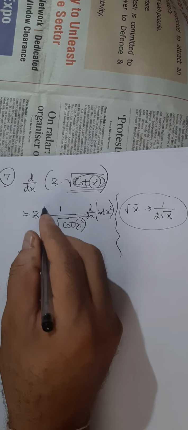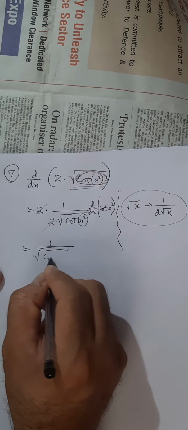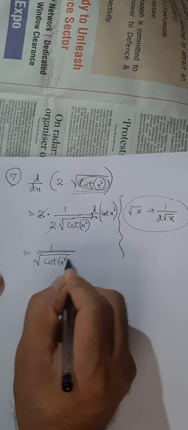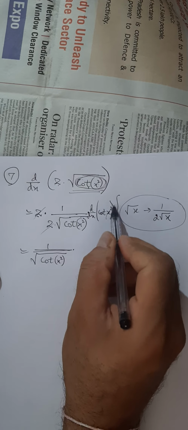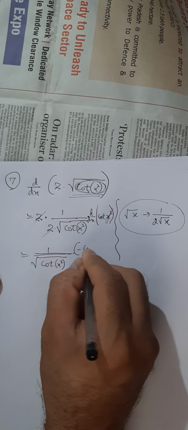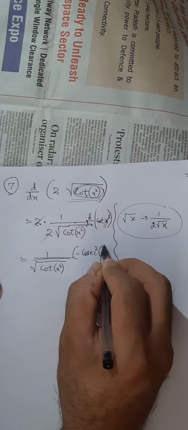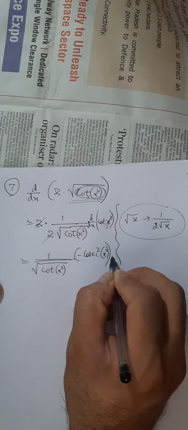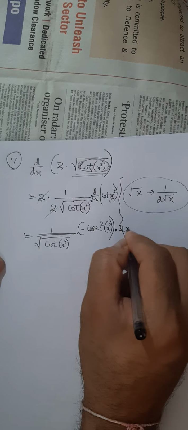Okay, so this 2 will get cancelled. Here we are through, so I'll copy just cot of x square. Now we come to this. Here also you have composition of two functions. We imagine x square as x. What's the derivative of cot? You know, minus cosec square of x square as it is into here derivative of x square, which is 2x.